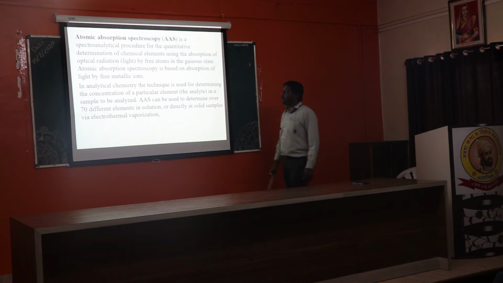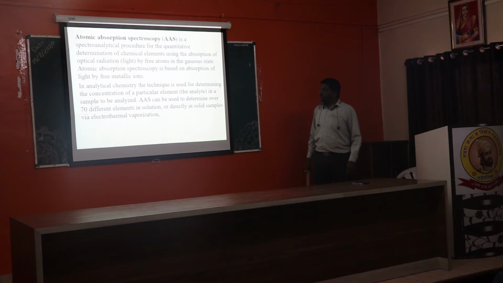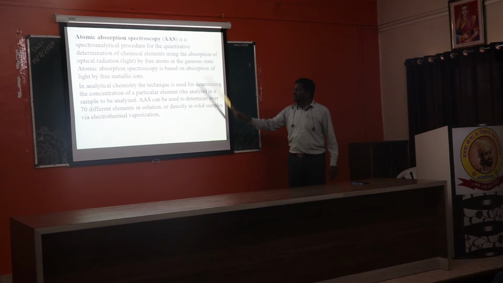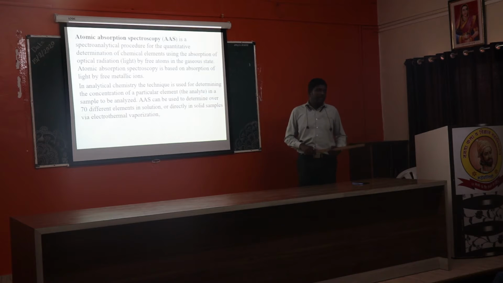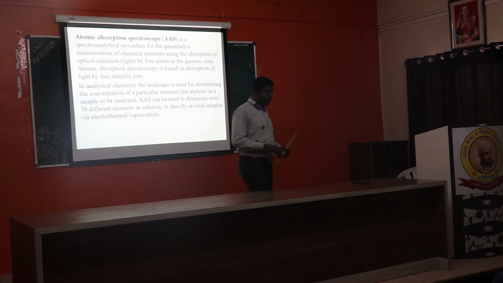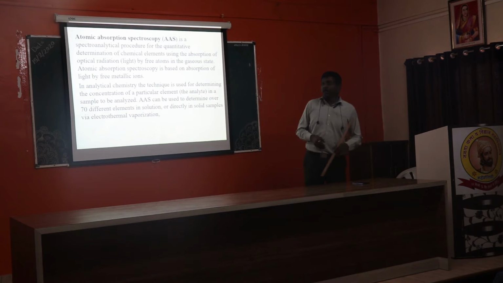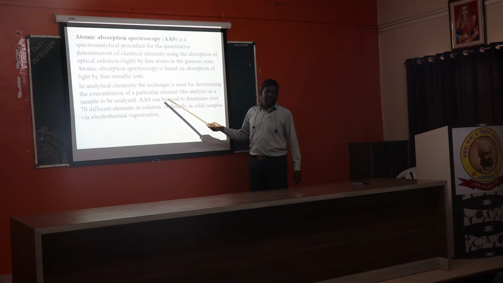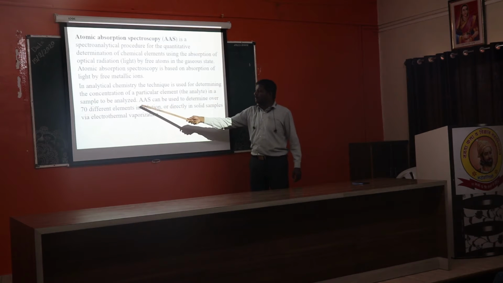Atomic absorption spectroscopy is based on absorption of light by free metallic ions. In analytical chemistry, the technique is used to determine the concentration of a particular element. When you see the different applications of this AAS technique, by plotting a graph, you must know how the concentration of a particular element can be determined from the sample.